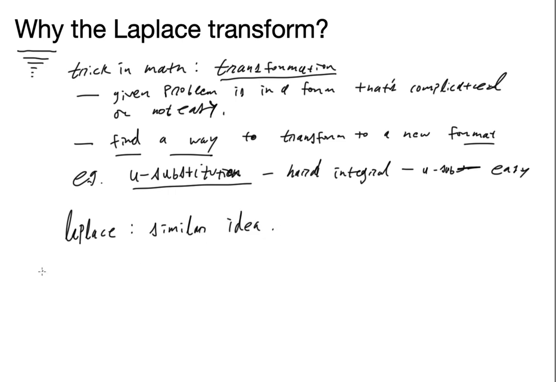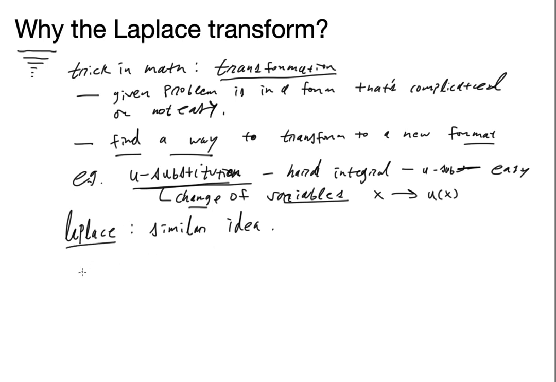Okay, so the idea here is U substitution is where you're doing a change of variables. You go from x, let's say, to some u of x, right? And by doing that change of variables, you're able to make a hard problem a lot simpler.